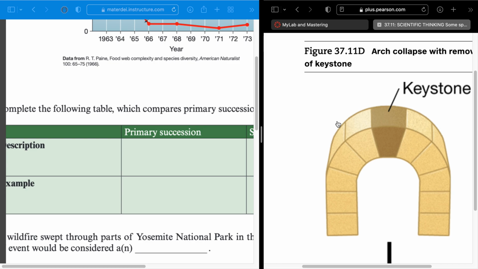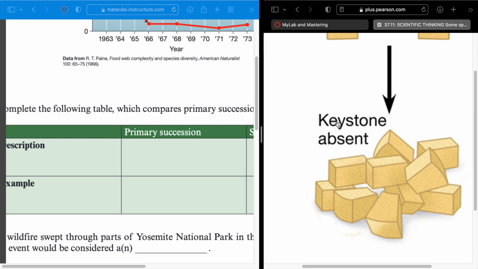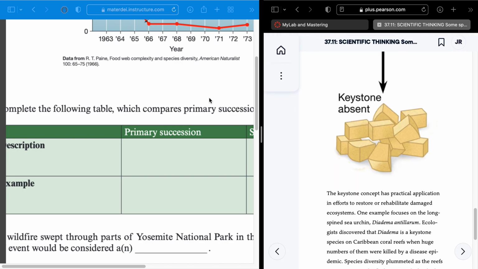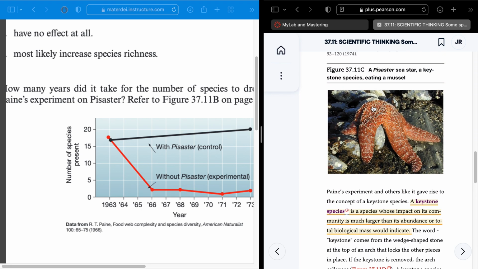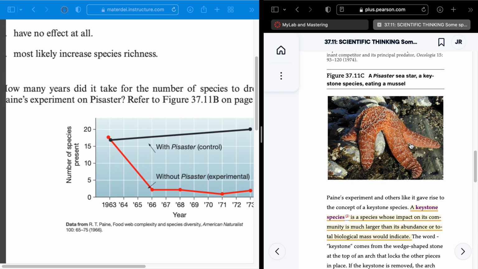If you take that out, it all comes tumbling down. If you take the keystone species out of an environment, the entire ecosystem or the food web can be drastically affected. So that is what they're talking about here with this starfish.